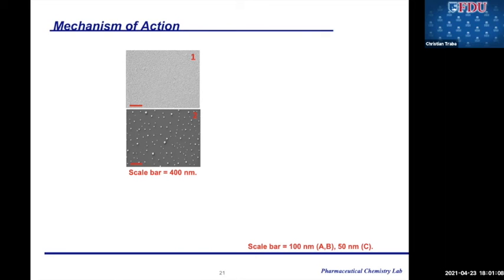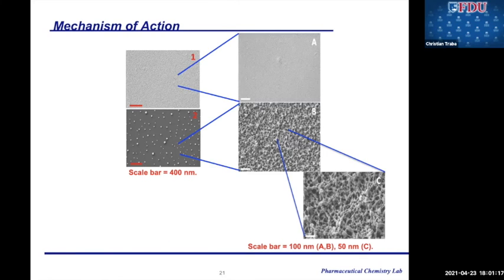In order to get an even better understanding of the physical properties of our surfaces, more highly magnified SEM images of the nanocoatings were taken and studied. Image A is a magnified image of image 1.